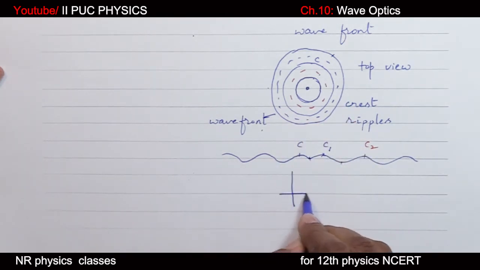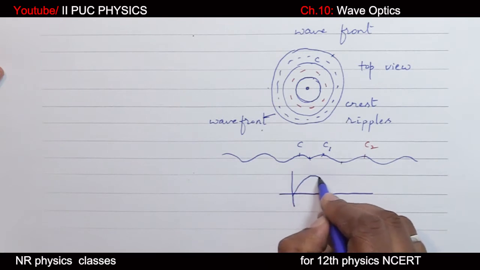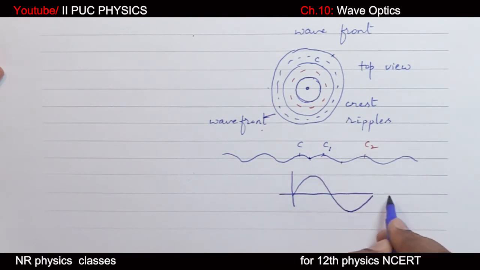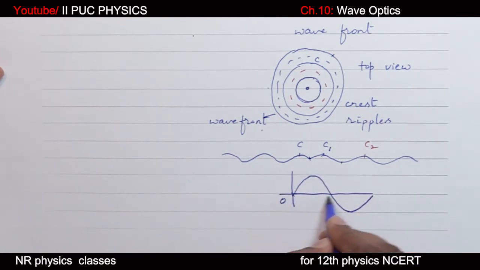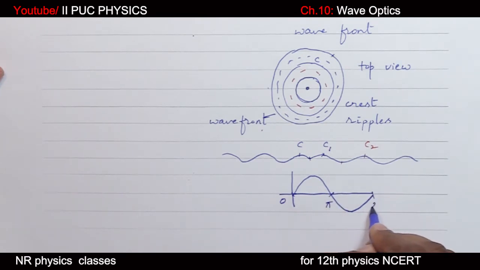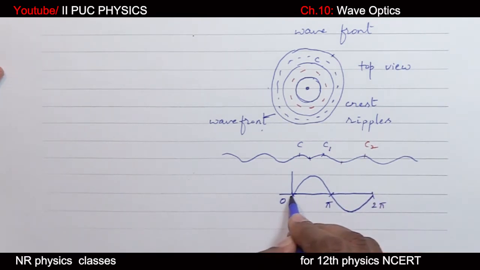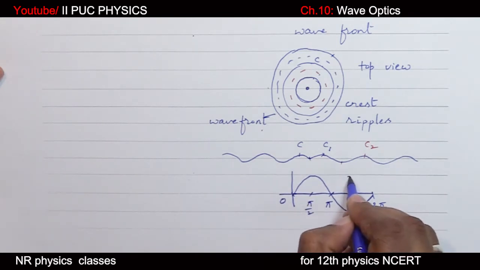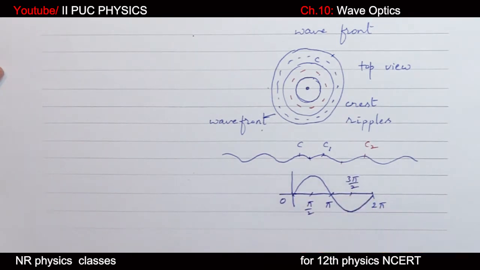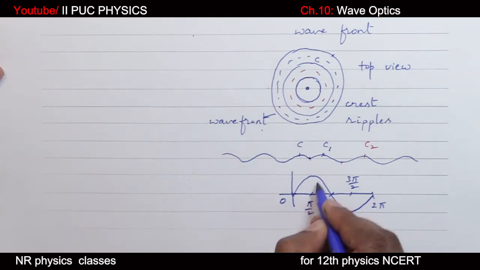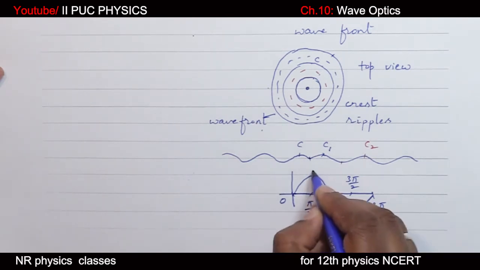If this represents a wave, this is 0, pi by 2, pi, 3 pi by 2, 2 pi. For the time being, a wave is represented by a sine function and this represents a wave. Crest point means this is the crest. For crest, phase is pi by 2.